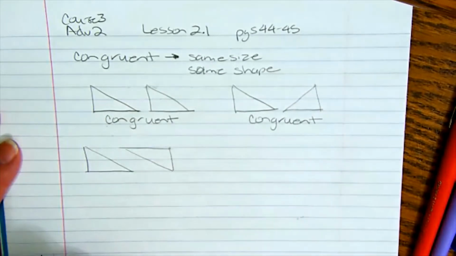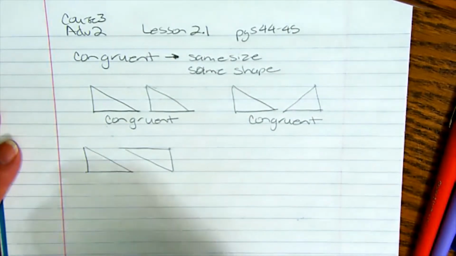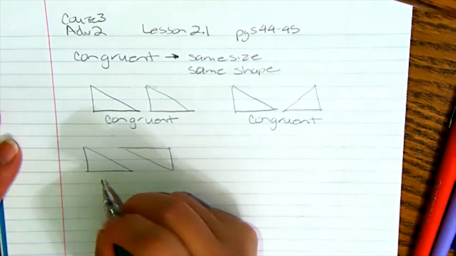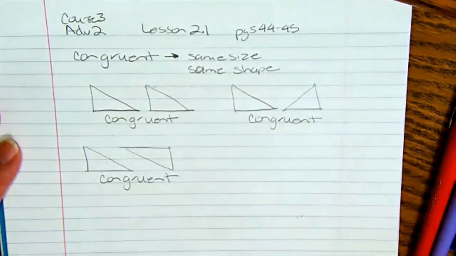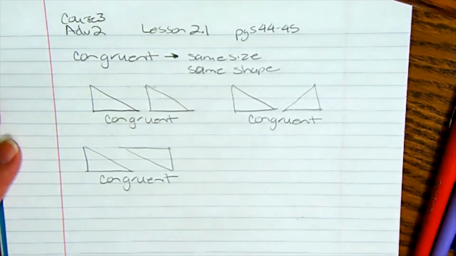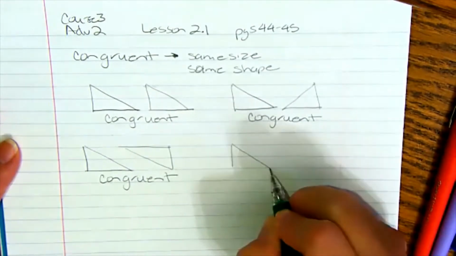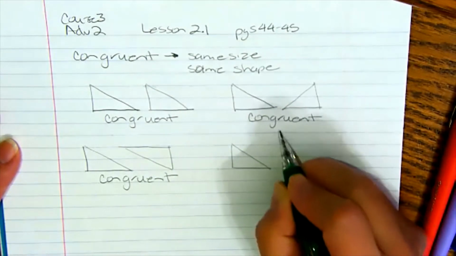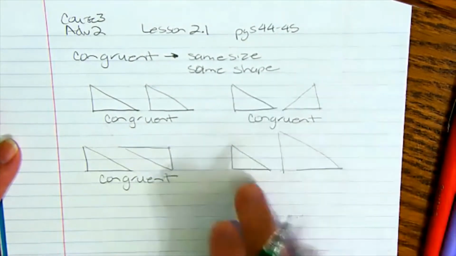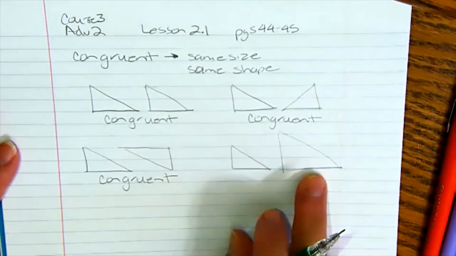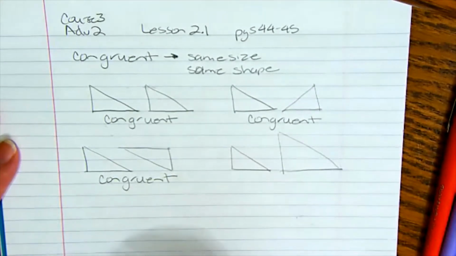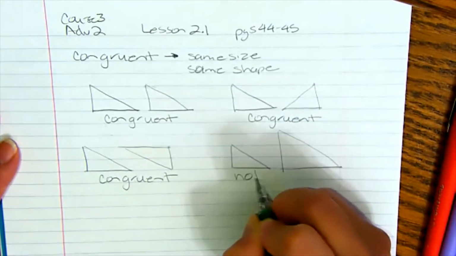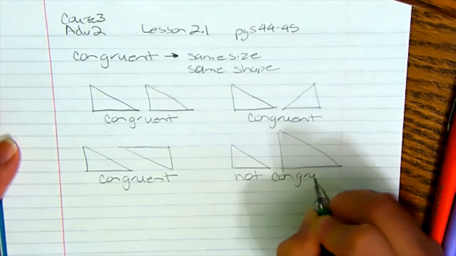These triangles, same size, same shape, different orientation, so they are congruent. Now these triangles are the same shape, same orientation, but different sizes. Therefore, they are not congruent.